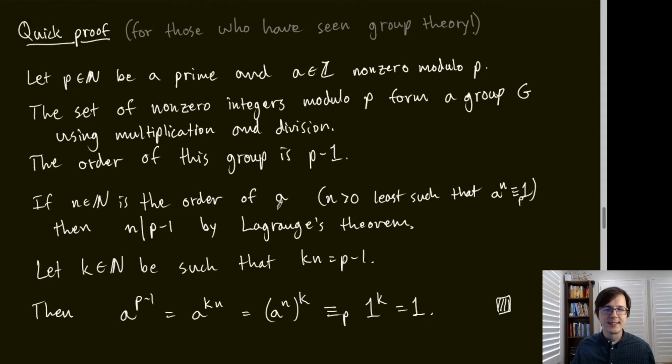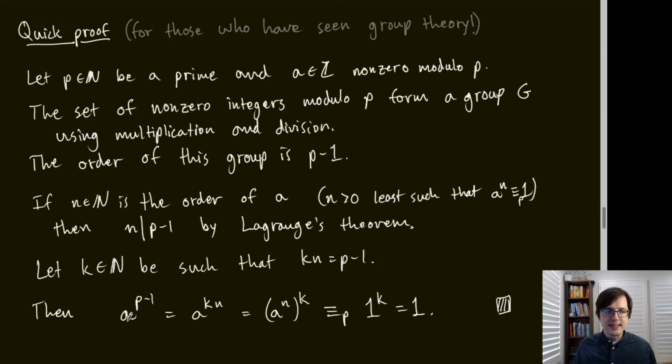Just for those who like groups, if you take all the powers of a, they form a subgroup of G, and the order of that subgroup is n, and n divides the order of the group G. So Lagrange's theorem gives us this, and because n divides p minus 1, there's a k in the natural numbers where kn is p minus 1.